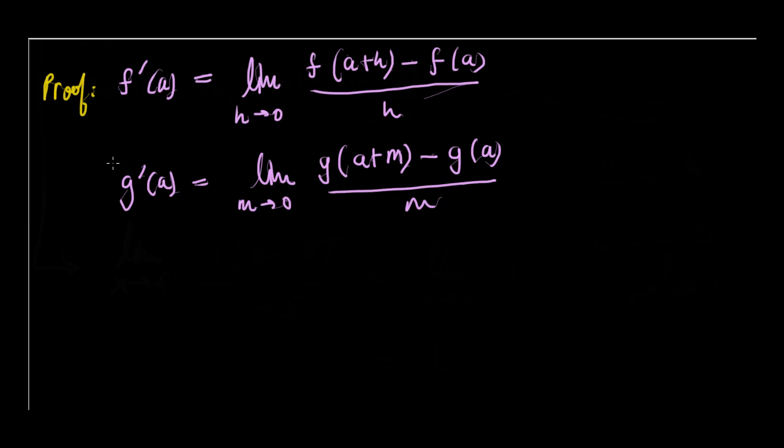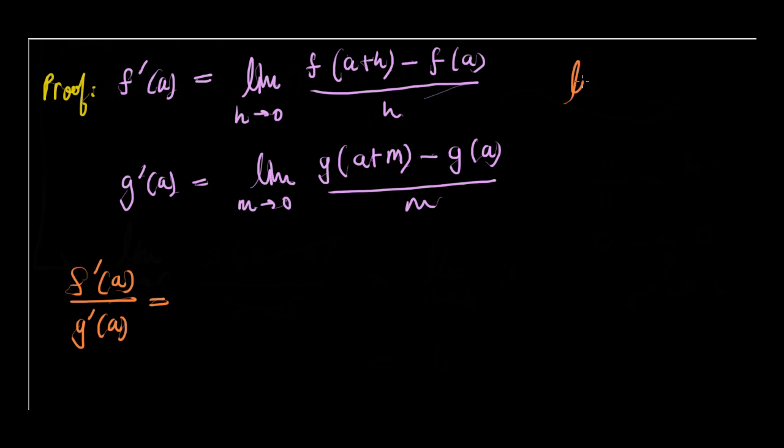So let's divide these two equations. So we'll get f prime of a over g prime of a is, if I have a limit of two ratios, then I can take the limit of the whole ratio.